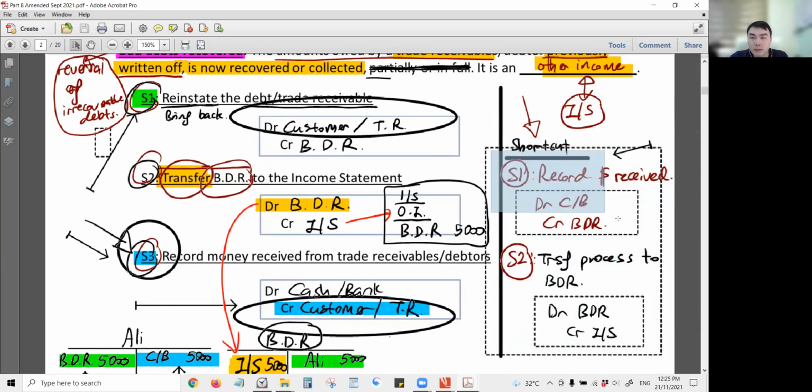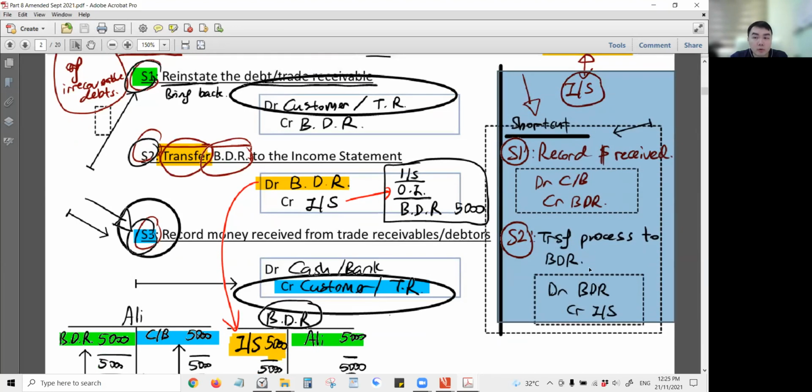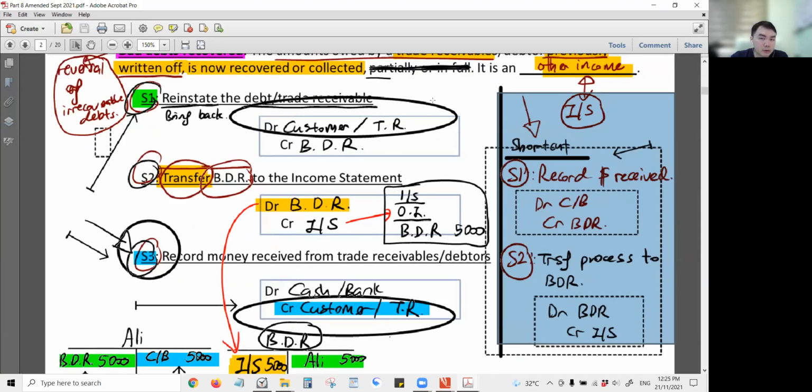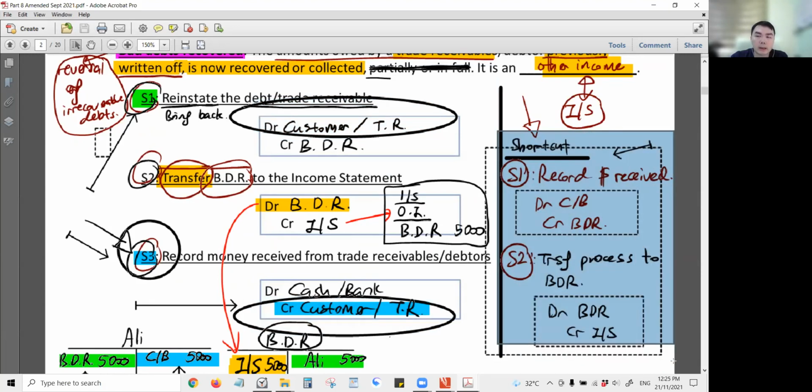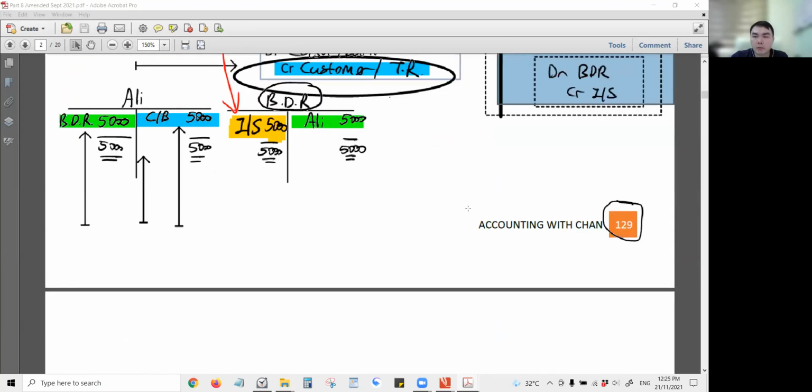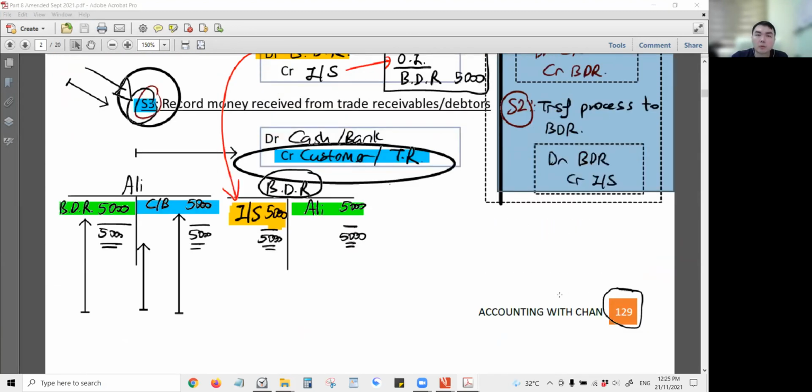Firstly, you record the money received. Okay, you debit cash or bank, then you credit bad debt recovered. Then second step, you do the transferring process. That means you skip the part involving the customer account. This shortcut is much faster and it's less burdensome. Okay, write down this one. This is part 8, page number 129.